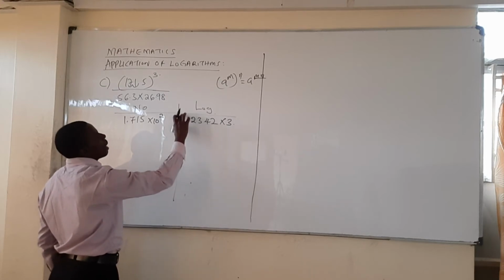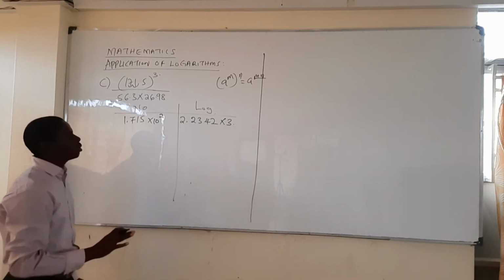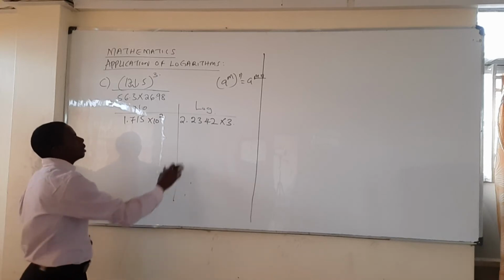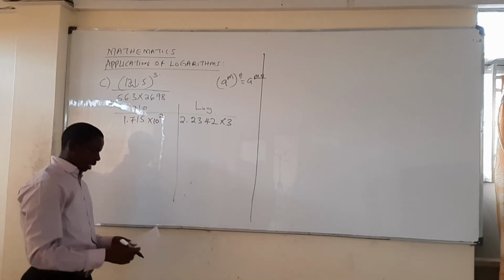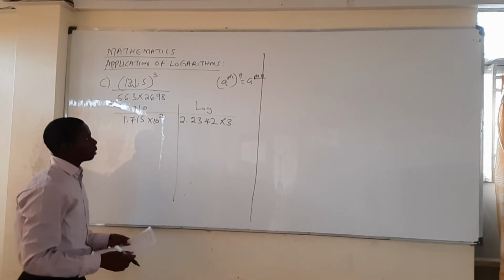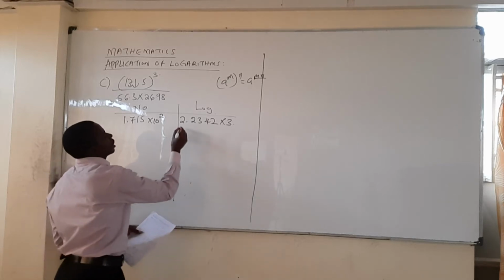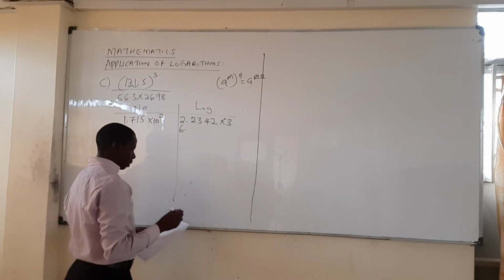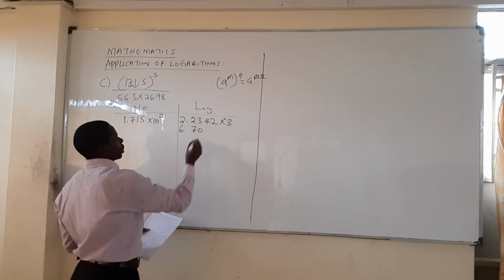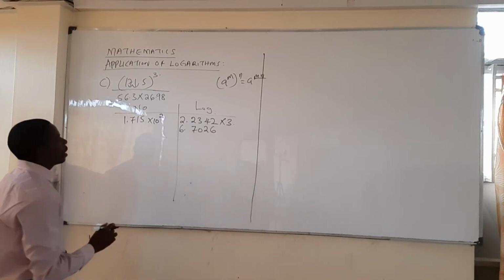If it were a bar number, then we should have first separated the two, then we multiply, and then we add them back. But at the moment, we just multiply it like that, no issue there. So we multiply that number by 3, so we get 6.7026.